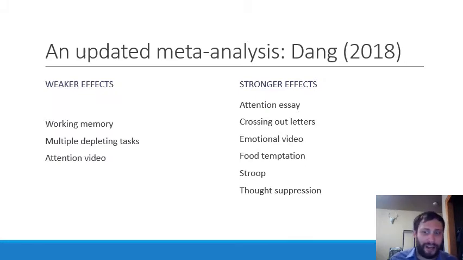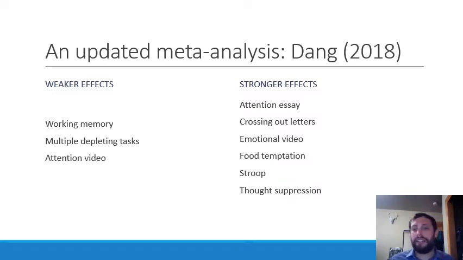So after Baumeister's response to the meta-analytic review, another researcher fairly recently, in 2018, so just a couple years ago, did an updated meta-analysis in which this researcher, Dang, ended up focusing away from some of the regression-based approaches that McCullough and Carter used, which indicated the weaker effect sizes and the low-powered sample sizes.